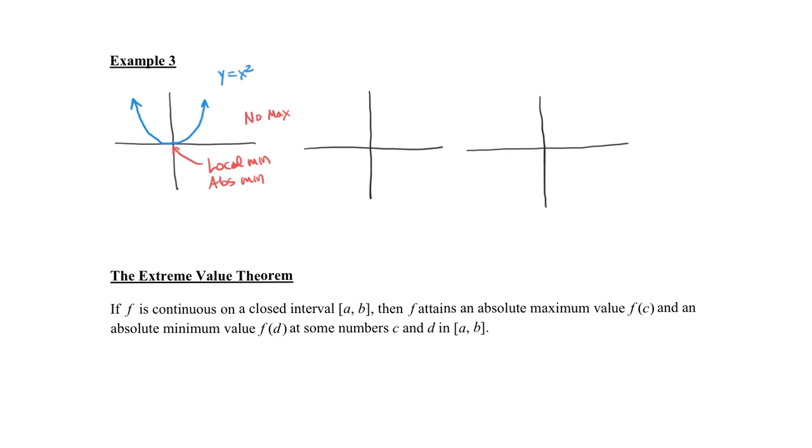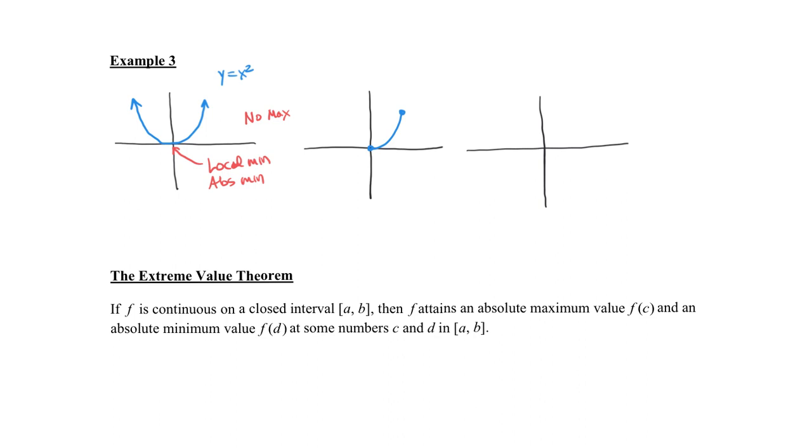Okay. So what about if we change y equals x squared a little bit and we just define this little piece of it here? Okay, well, now there are only endpoints, right? So there's not going to be local anything, right? By the definition we're using for local max and local min, they don't exist at the endpoints.